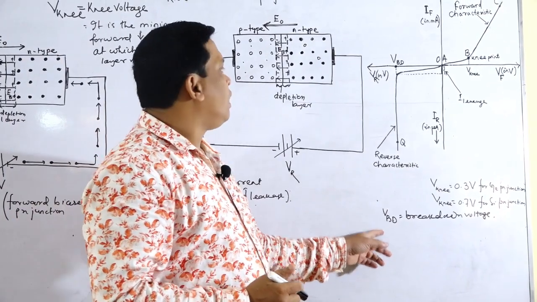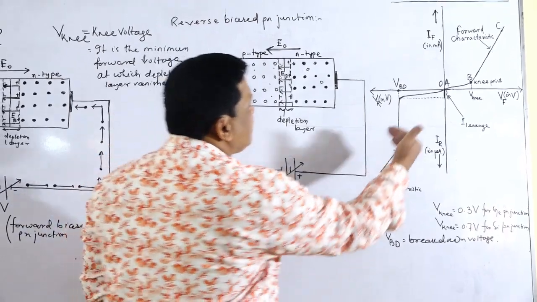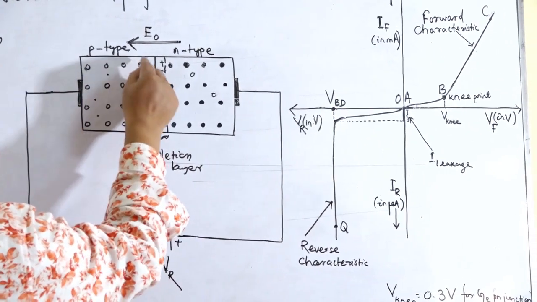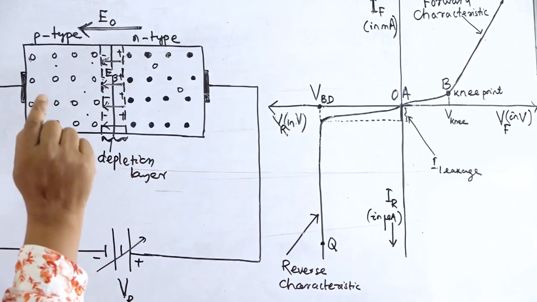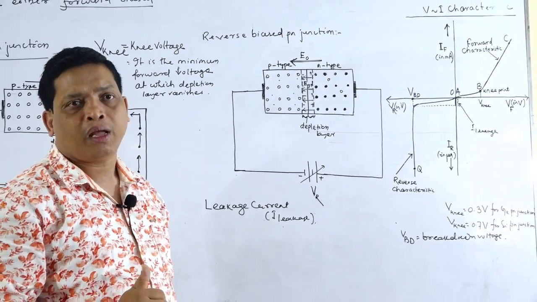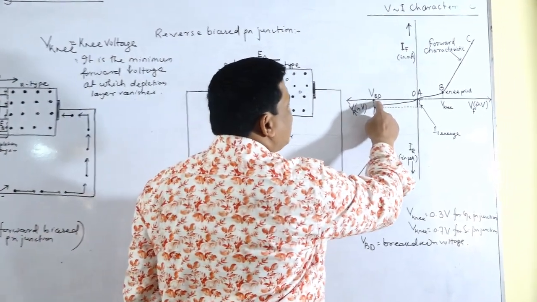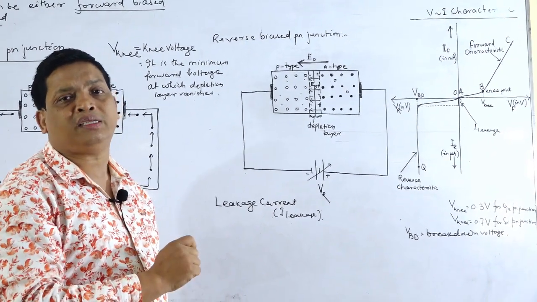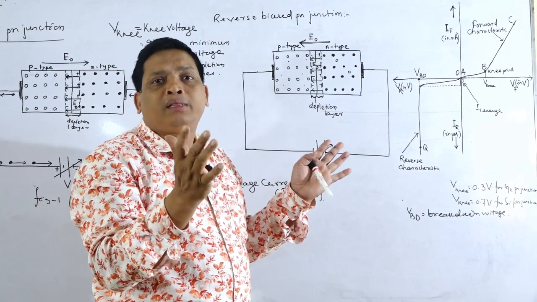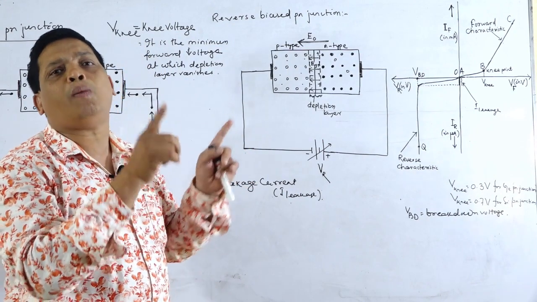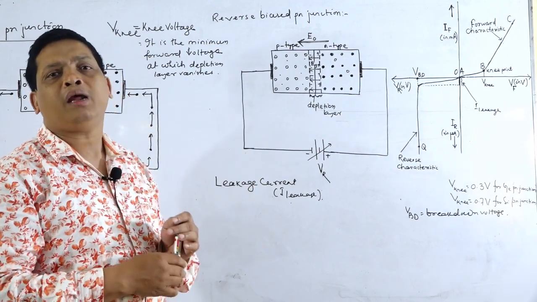Now actually what happens at this voltage? When we are increasing the reverse voltage, the minority electrons in the P region gain sufficient kinetic energy, and when breakdown voltage reaches, the kinetic energy of minority free electrons in the P region becomes so high that they move with very high speed and collide with the covalent bonds and break the covalent bonds.